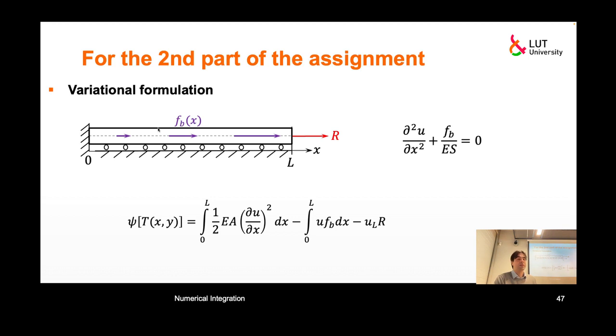But since it's a very simple problem, it's only applied to one node. There is no distribution, no need to calculate any integrals. If it were a two-dimensional problem, there would be an integral over this side, of course. But since we consider it as one-dimensional, we just apply the value of the displacement at this node times this force.